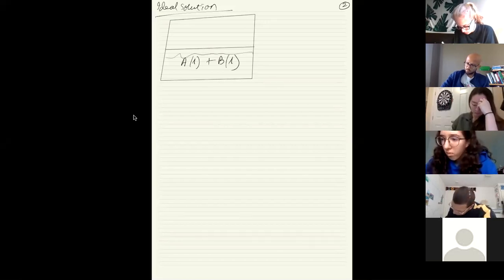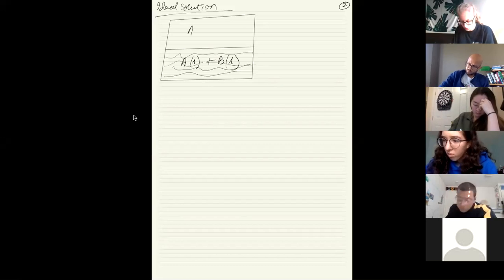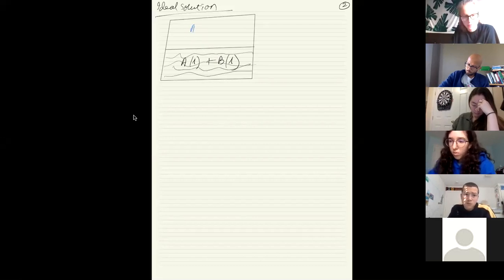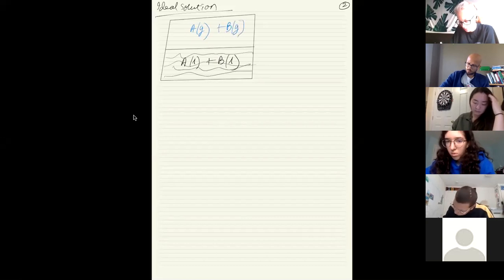So we have some liquid form and A and B. And on top of that, we have A and B existing in gaseous form. So we have the gas molecules for A and B. And we know this is in equilibrium.